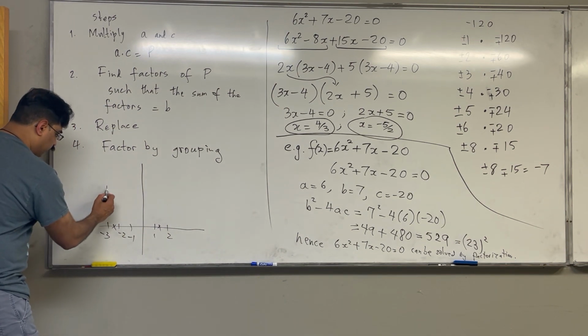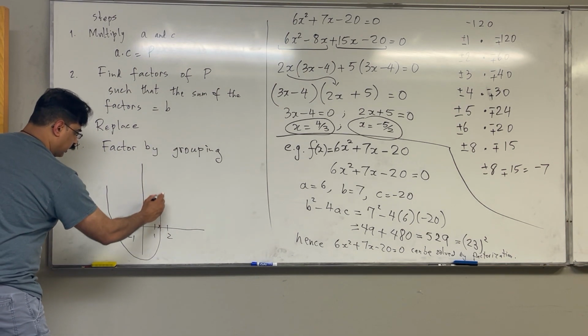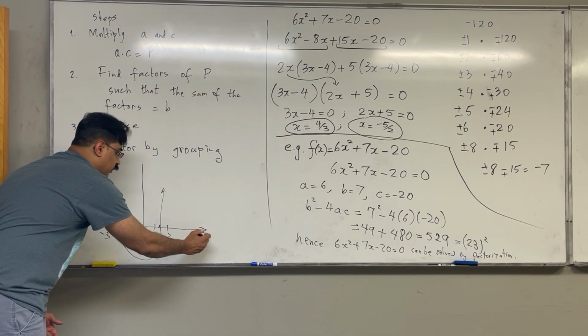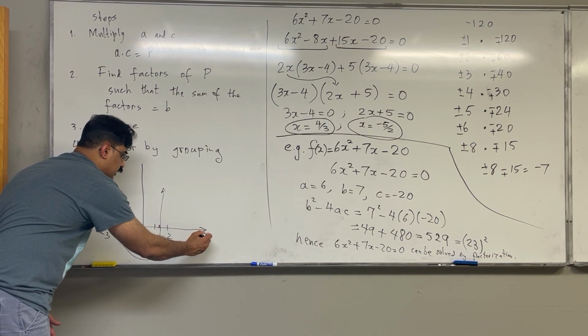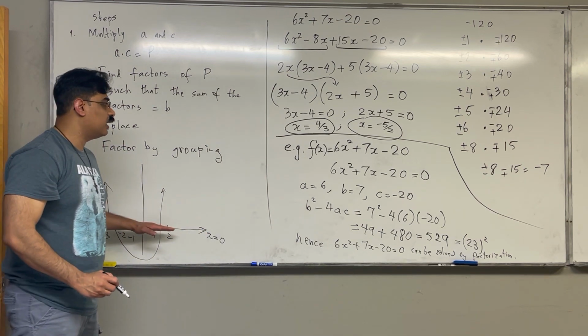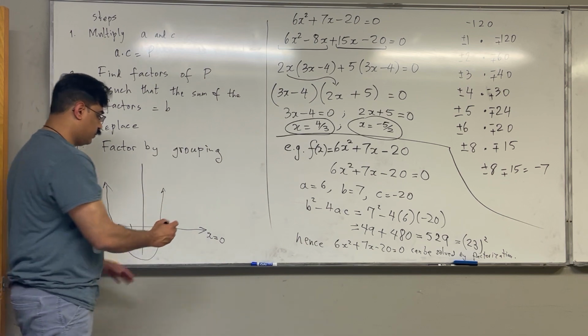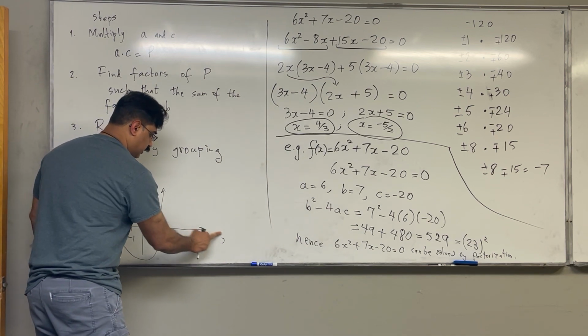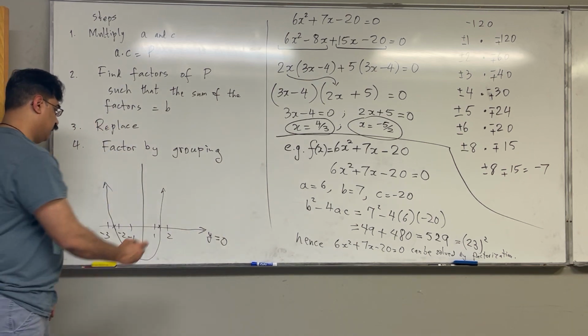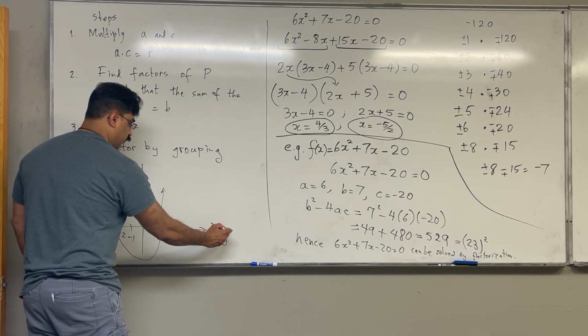So if I graph this parabola, it's going to be like this, facing up, and these are the 2 points where it cuts the x-axis. Did I say y-axis earlier? No, it's x-axis. That is where y is 0. That's what I wanted to say.